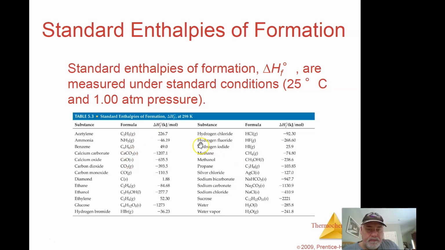Now, you're going to find this stuff in the back of your book. I want you to just take a look and remember this one, that carbon dioxide has a negative 393.5 value. So I'm just going to pause this and switch over to the Appendix C in the back of your book.